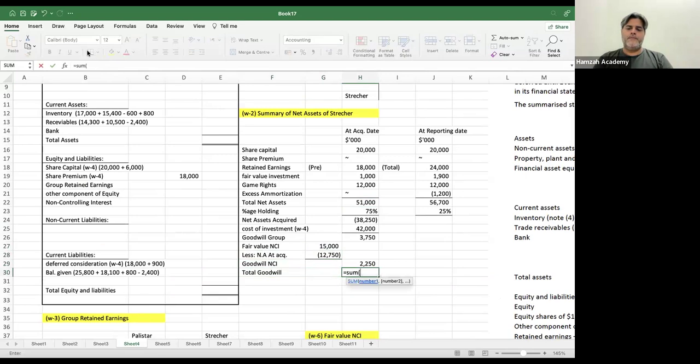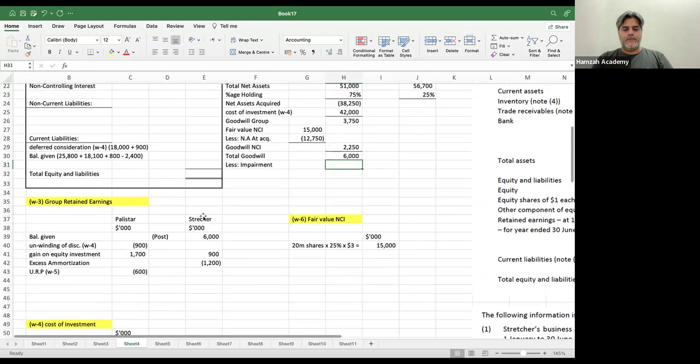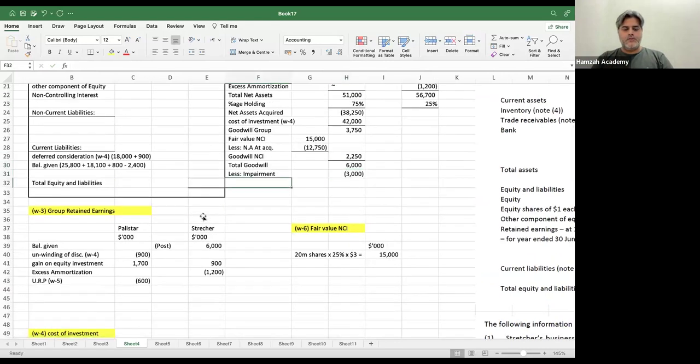Total goodwill, 6,000. Less impairment, written down by 3 million. Right? So 3 million is what we have to write down as far as the goodwill is concerned. So net goodwill 3 million.